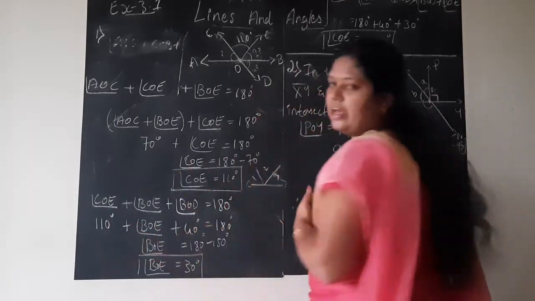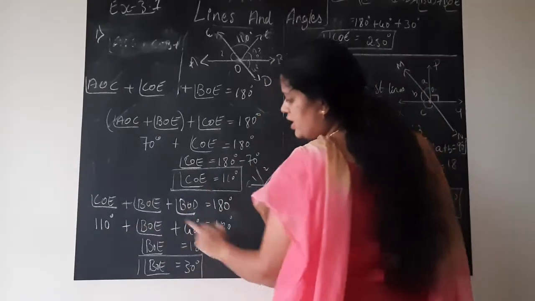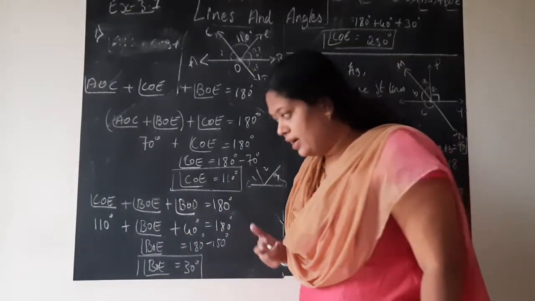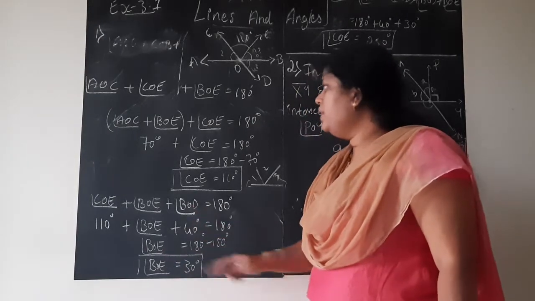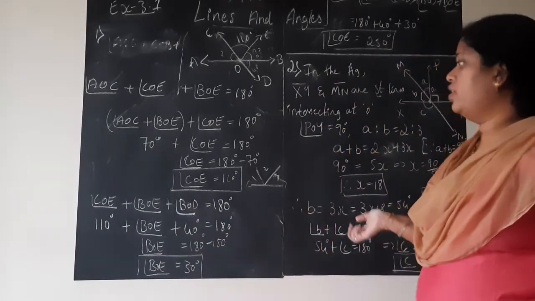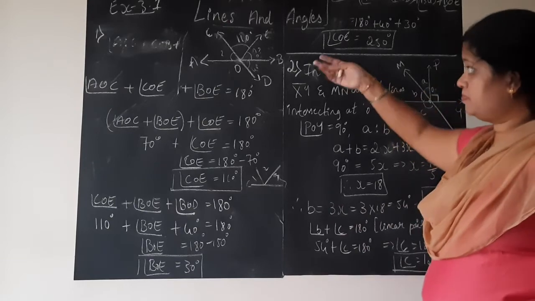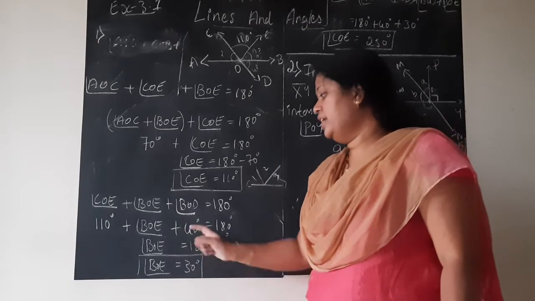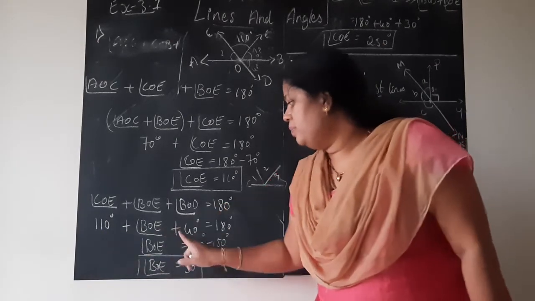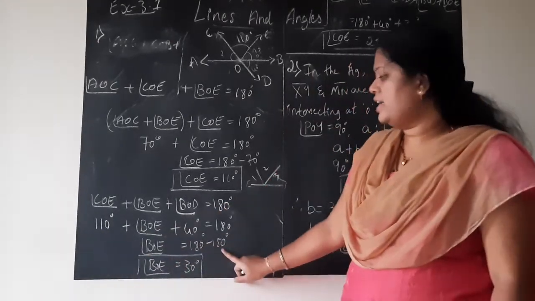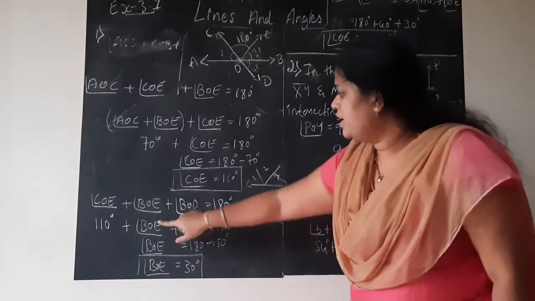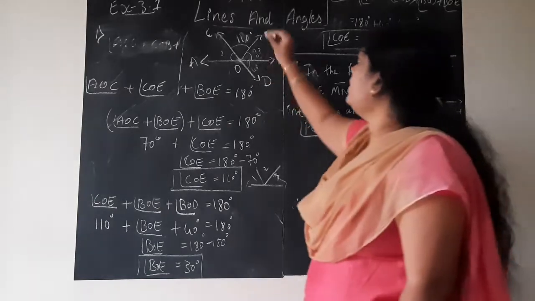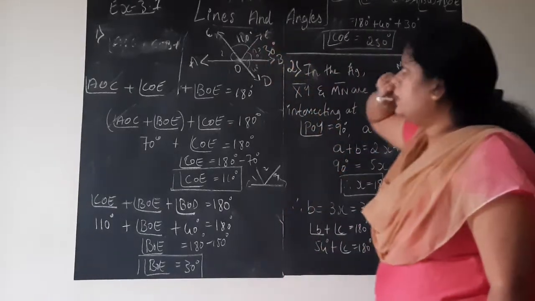So in place of angle COE, I am substituting 110 degrees, plus BOE I am keeping as it is because I don't know it, I am finding that only. Angle BOD I know is equal to 40 degrees. How do we know? Here they have given in the data, angle BOD is 40 degrees, that we are substituting. So 110 plus 40 is 150 degrees, children. So directly I am writing angle BOE is 180 minus 150, which we get as 30 degrees. So we got BOE as 30 degrees.